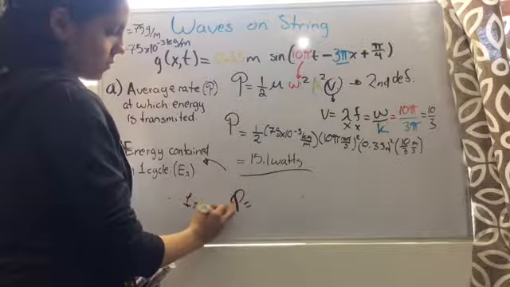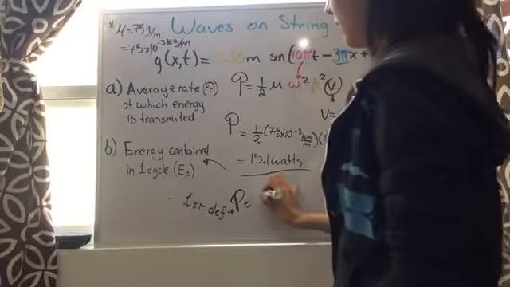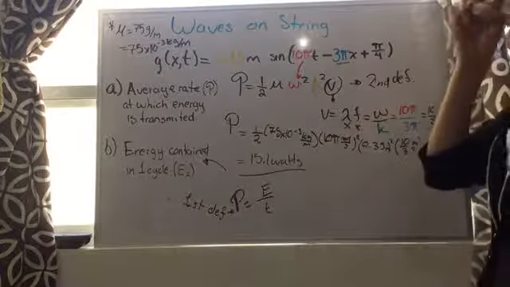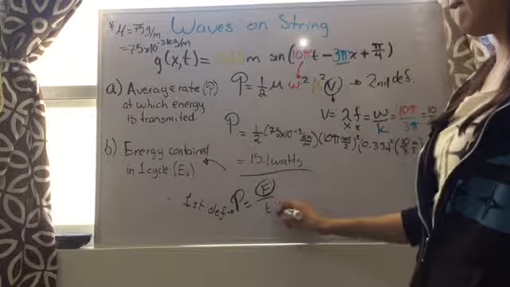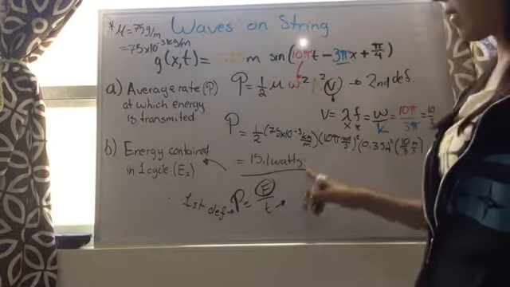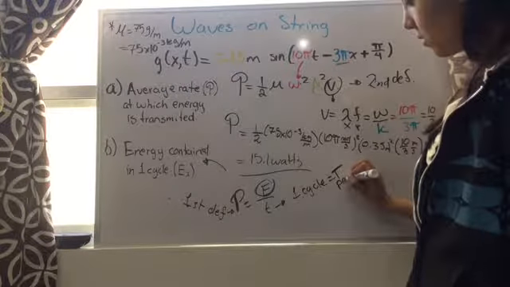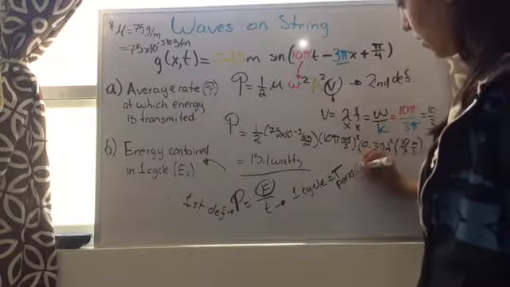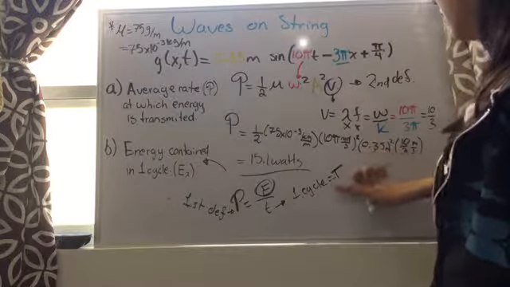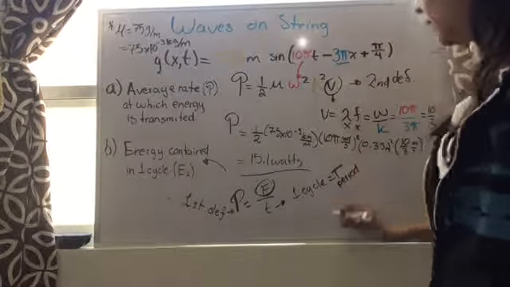Now we have to remember the first definition of power, or the average rate, that is the energy elapsed in a period of time. And they are asking us now for the energy contained in one cycle at a certain time.